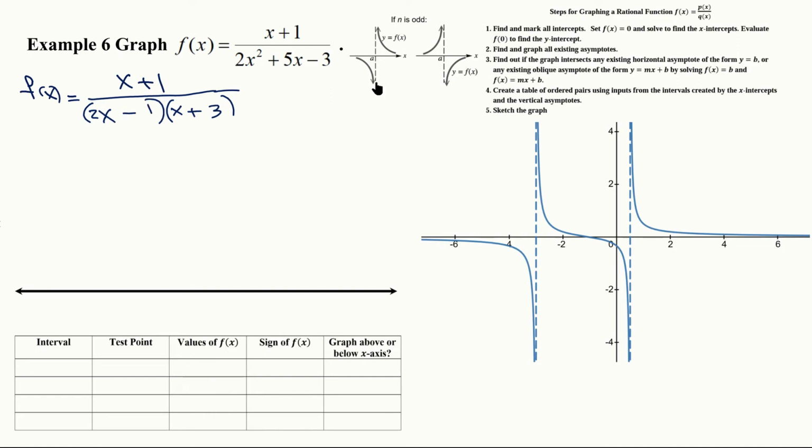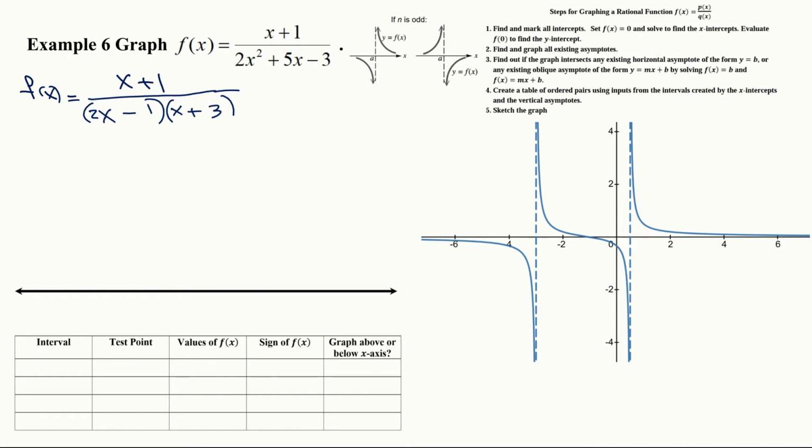So let's take a quick look. First times first is first, last times last is last. Inner and outer products add up to the middle term. So you always want to do that 3-step check to make sure you factored your quadratic trinomial correctly, okay? So now I can see that this is a fully reduced rational function.